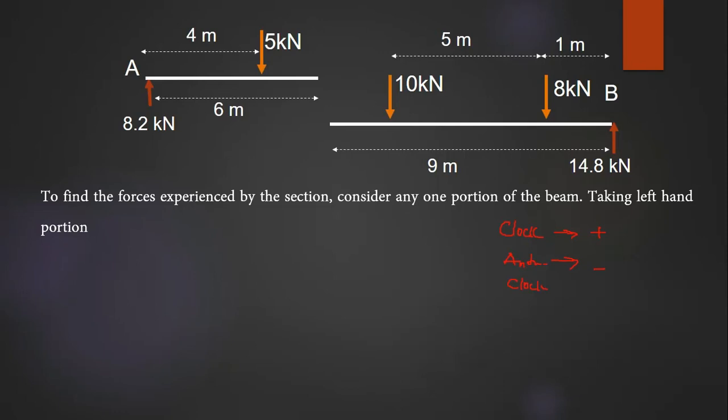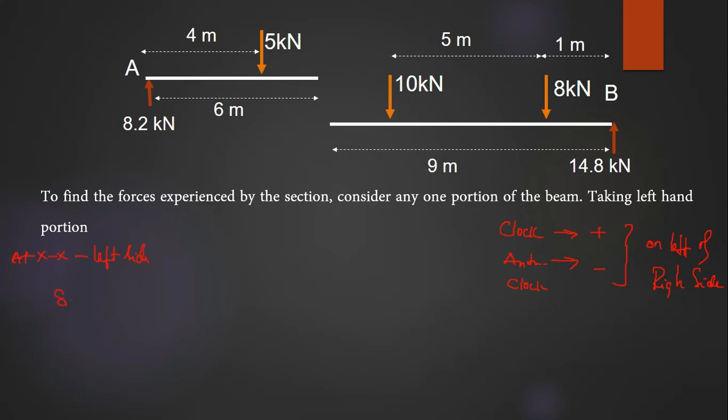On the left hand side or right hand side, consider at section XX left side. We know that it is nothing but the algebraic sum of the moments of all the forces.